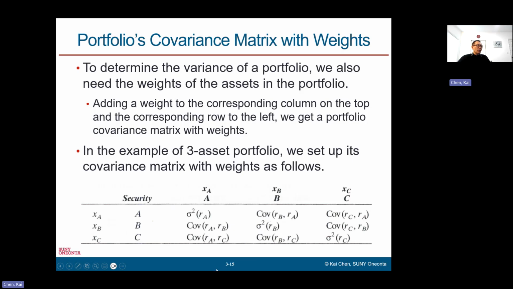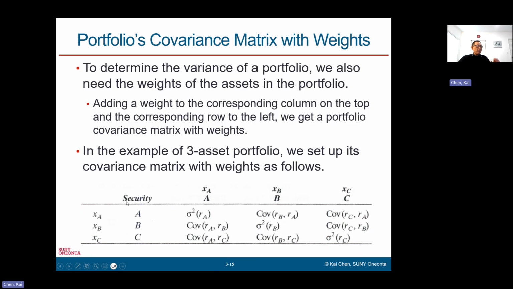Okay, in our example, let's use XA, XB, and XC to show the weights of asset A, asset B, and asset C in the portfolio. Then we put these weights on the top of each column correspondingly, and also we put the weights to the left of each row correspondingly.